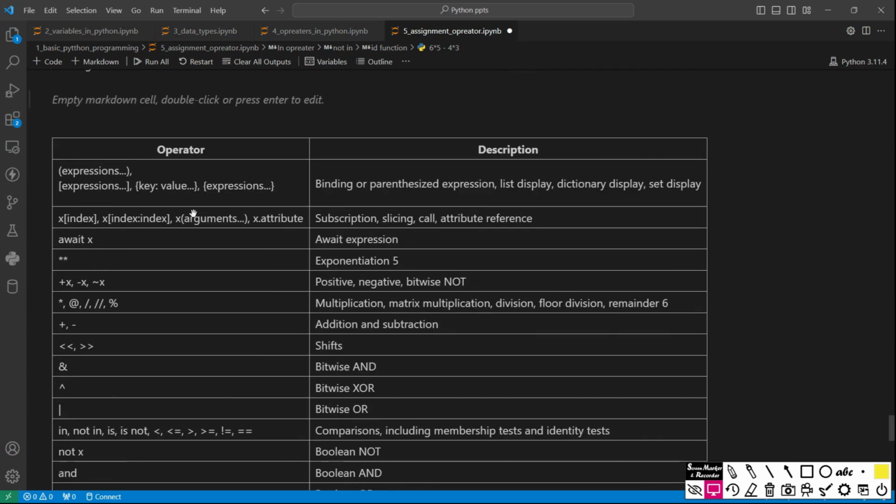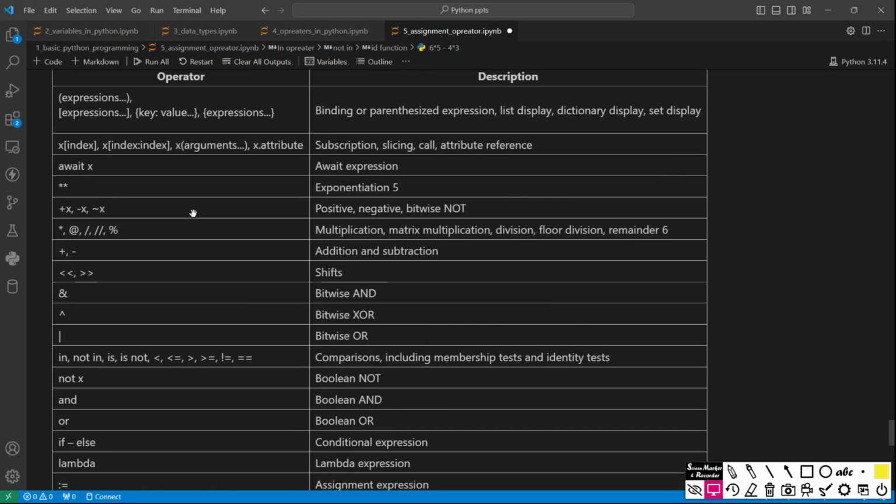Before the next example, you can see here the precedence table, and it is available in the Python documentation, python.org. The topmost, that is brackets, have the highest precedence. If there are brackets in any expression, they are evaluated first.